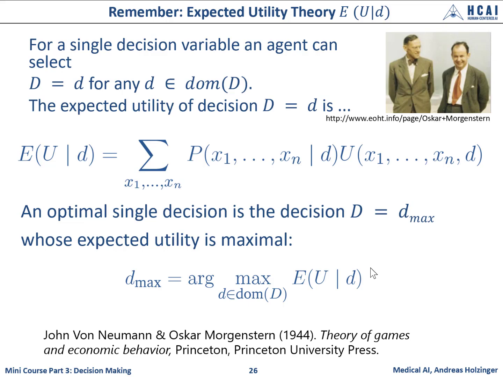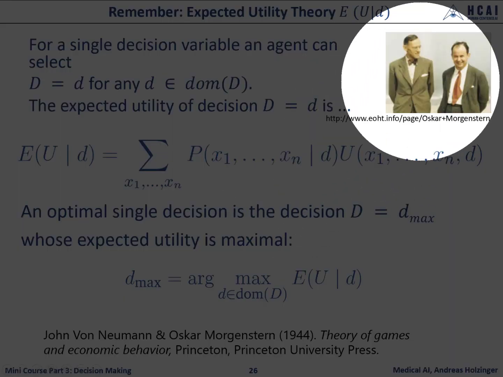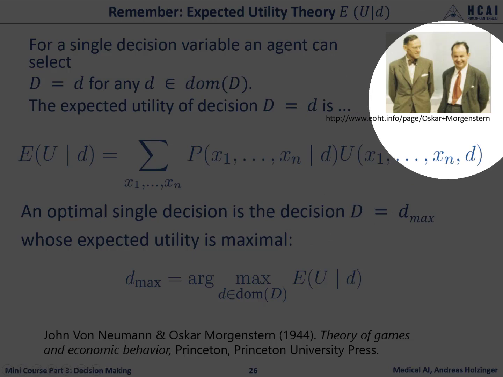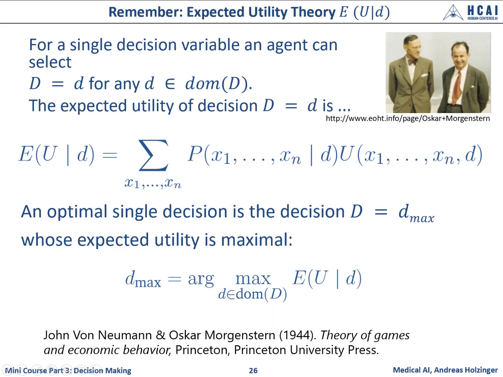And this is known as the Neumann-Morgenstern utility function. And you have here the two guys, Oskar and Morgenstern. This is the expected utility hypothesis.